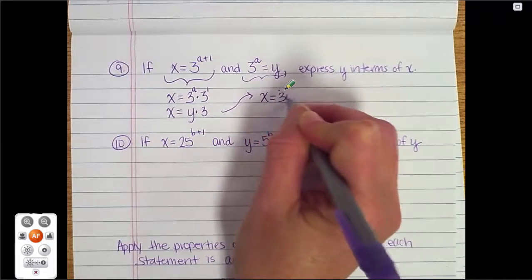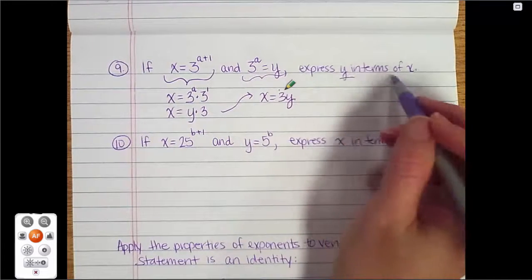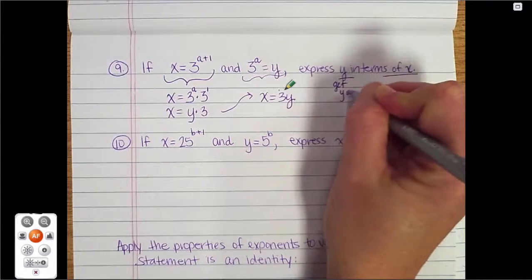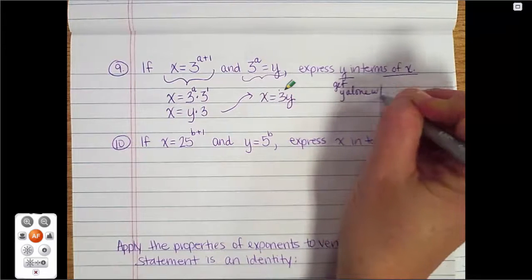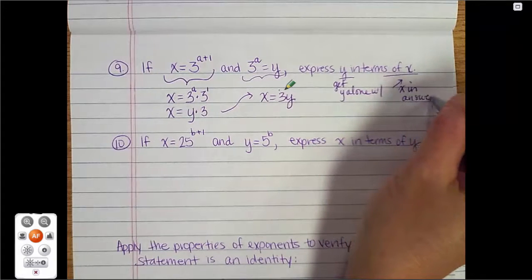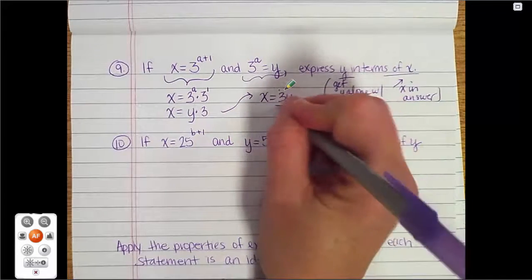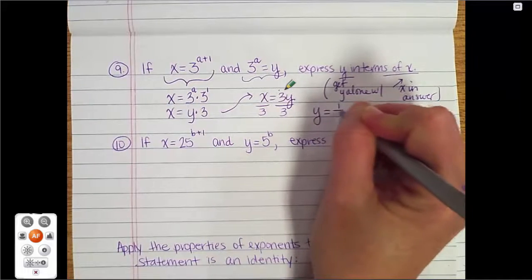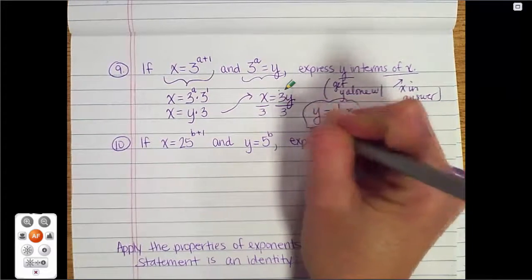And the question says express y in terms of x, which means get y alone with an x in your answer. So what I need to do here then is divide by 3, and y is equal to 1/3 x, or x over 3.